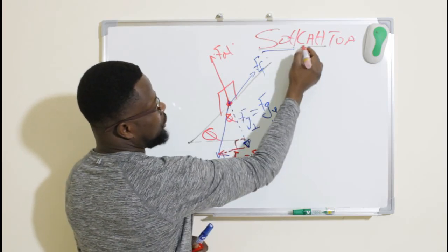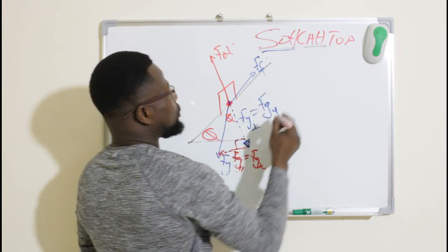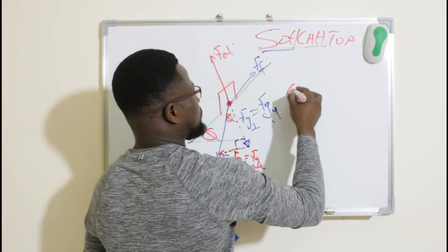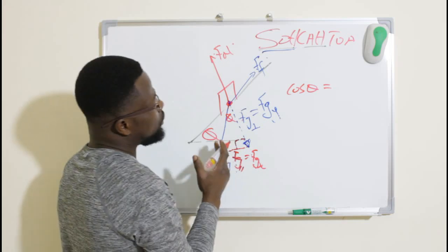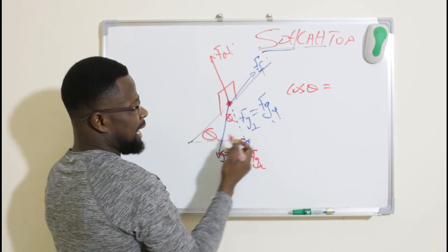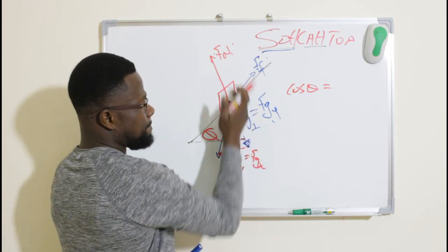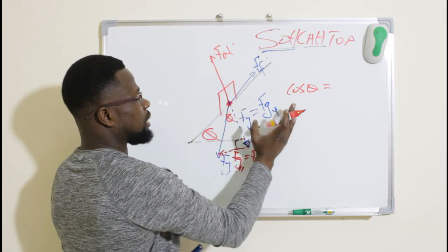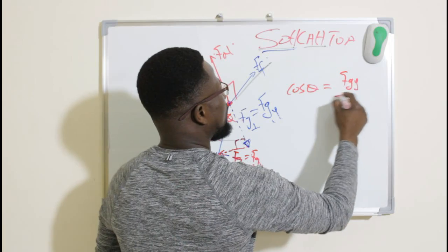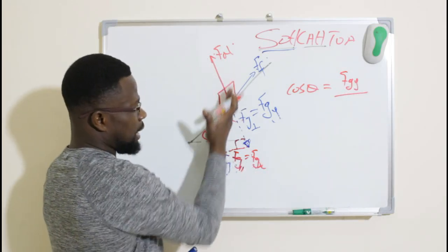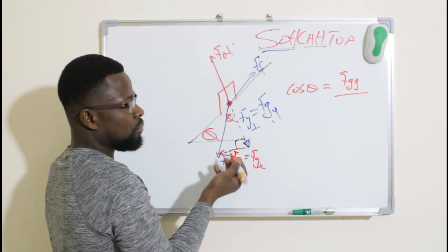Okay. FG perpendicular, if I'm looking at that, we can see that that is the adjacent side. So that is going to make use of the cos. So I am going to say that cos theta is equal to the adjacent, and the adjacent is the perpendicular side or the FGY. So that is FGY all over the hypotenuse, which is FG.